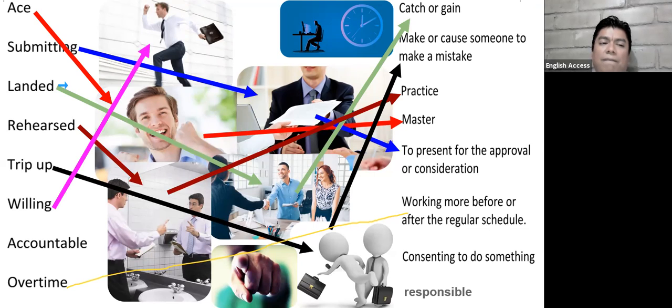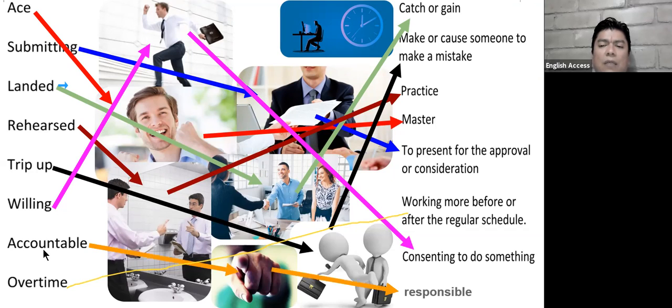Willing. What is willing? Willing is consenting to do something or accepting doing something. A job, a project, a favor. You're willing, you are accepting to do the thing, the favor. Accountable. What is accountable?